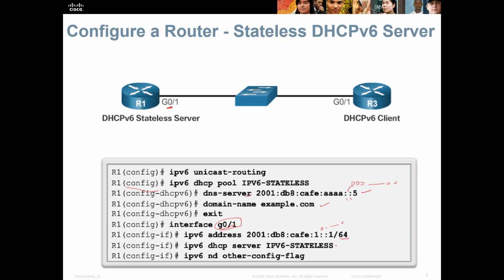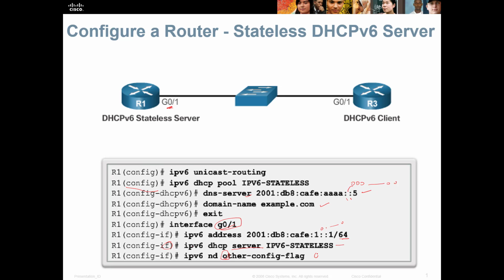Okay? The server pool is named. And now you're making it a server. Here's where you make this port, this interface, a server. But you're only making it a server. So what you're providing is other information. So you have to set the O bit. This will turn it on.